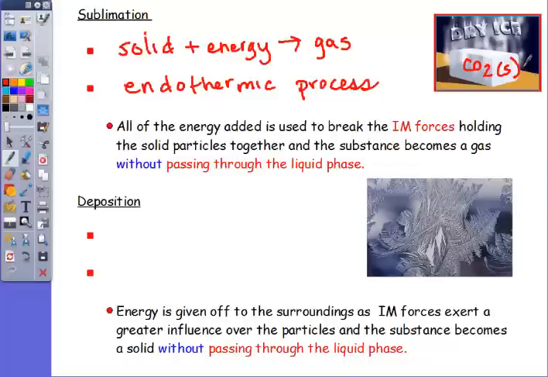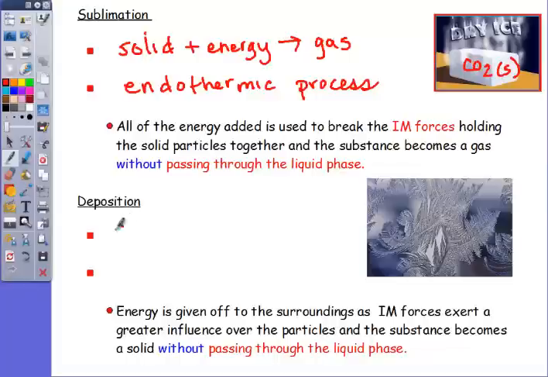Most of you have seen this. They use it a lot of times at rock concerts or on stages to create the illusion of fog. That dry ice is going to go directly from a solid to a gas without ever passing through the liquid stage. Now realize what this energy is doing. As I add energy, those particles are going to speed up until they can break those intermolecular forces holding them together. Once they break those intermolecular forces, they're free to become gases.